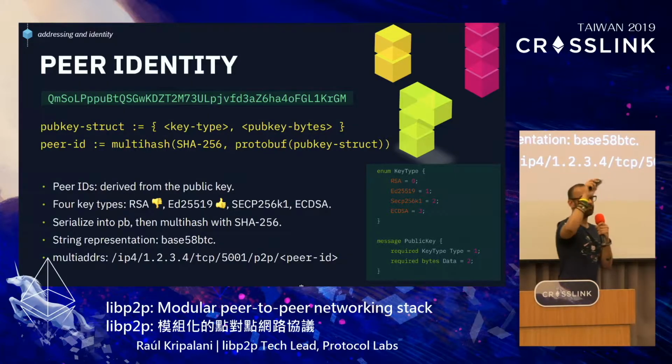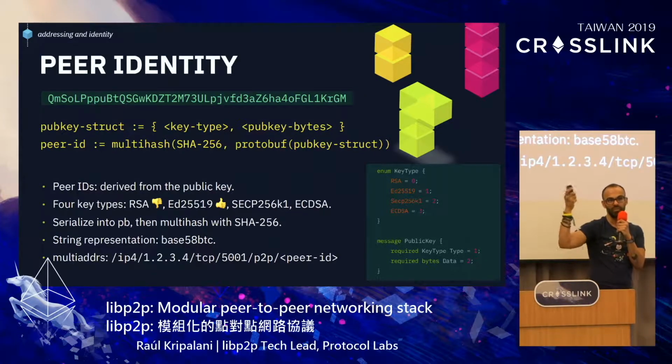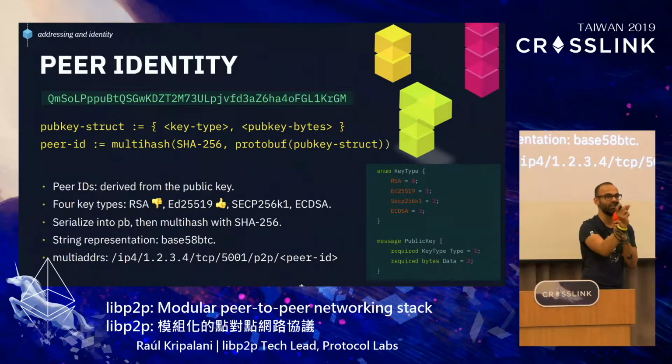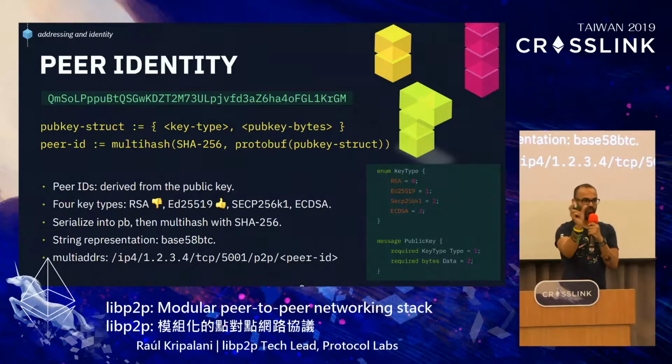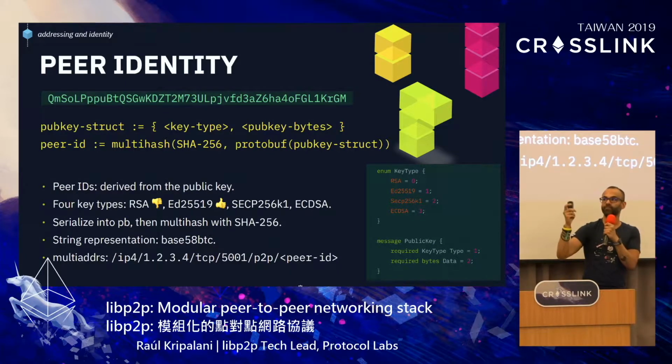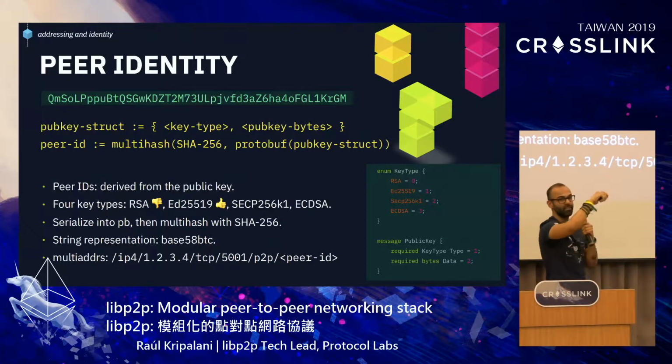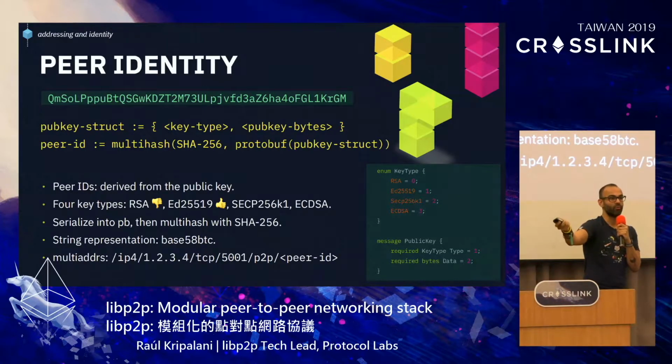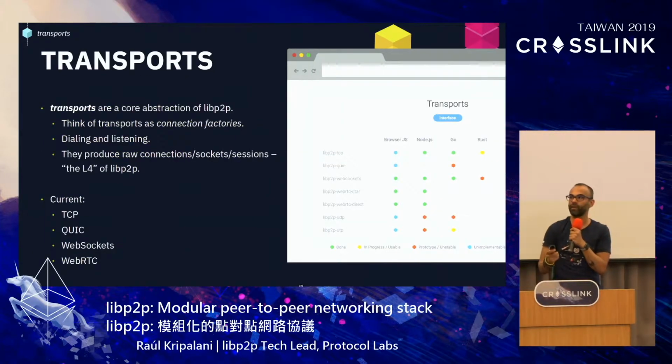Now, the way that a peer ID is formed is essentially there is a little protobuf struct which you populate with a key type and the public key, and you hash that via something called multihashes, which are future-proof hashes that prepend the type of the hash, what the hash function was, what the digest function to generate the value was, just to make it self-describing. And normally we indicate peer IDs in multiaddrs. So whenever you address a process in the world, you also indicate what the peer ID is of that process.